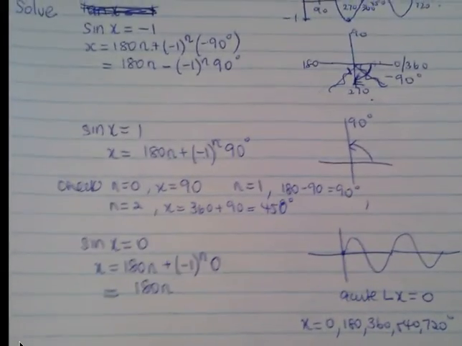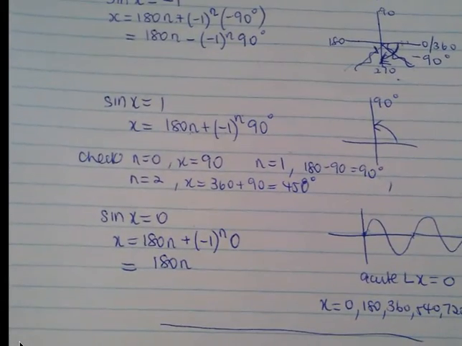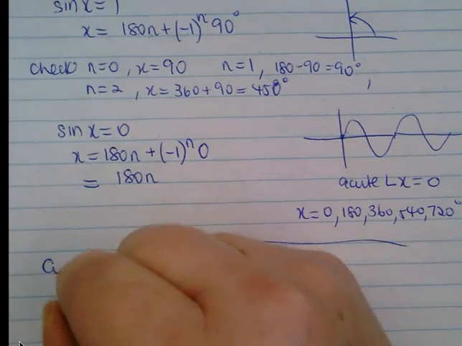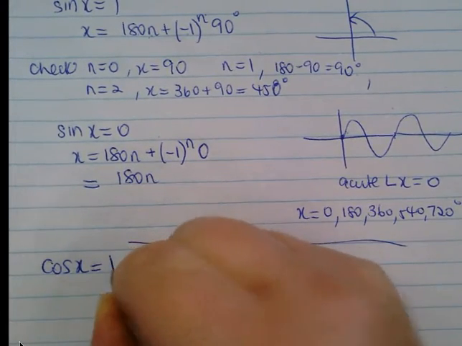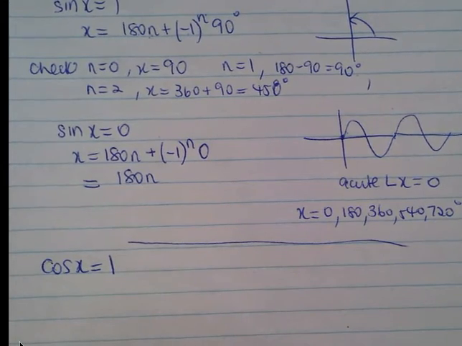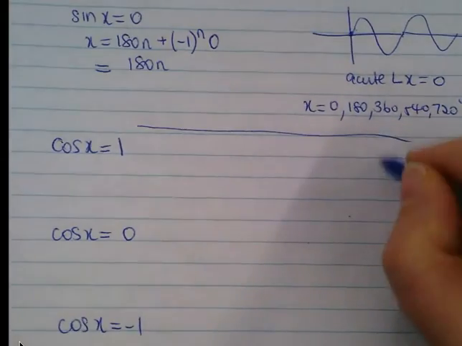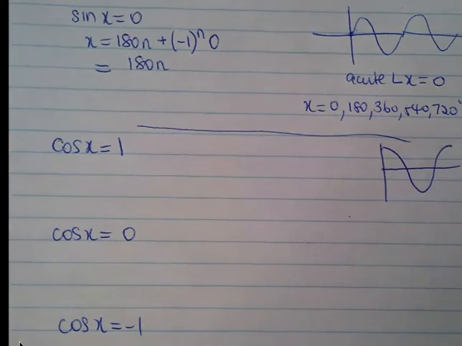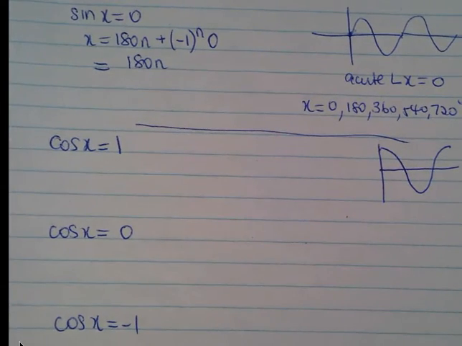Now we're going to do the same for cos 0, 1 and negative 1. So cos of x is 1, cos of x is 0, and we'll do cos of x is negative 1. We want the general solutions for all those. I'm just going to do a quick cos sketch because you'll be able to see your acute angle there.